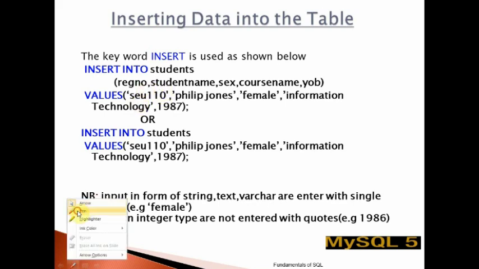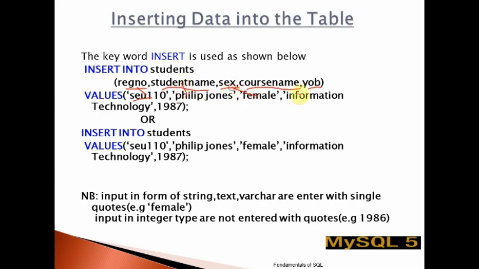Let me try to do a highlight here. Now, here we have registration number, student name, course code, sex and course code, and then year of birth. So I'm saying this must match that. This must match that.